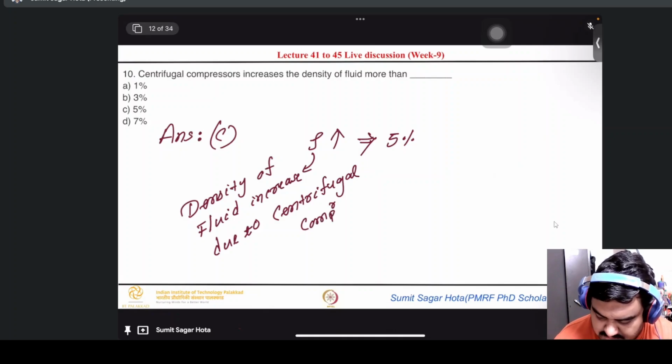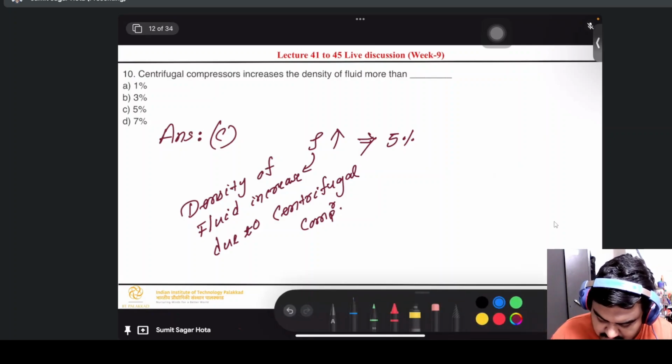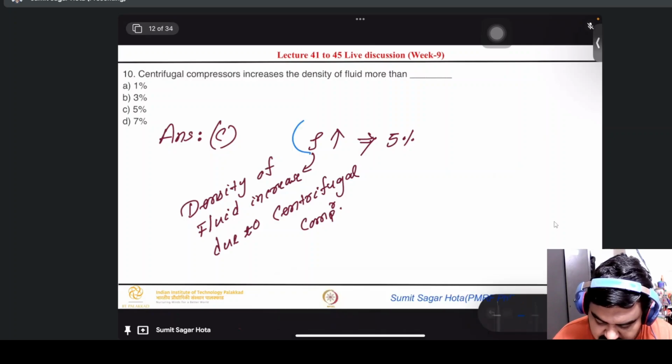So the density of the fluid increases due to the centrifugal compressor by more than 5%.